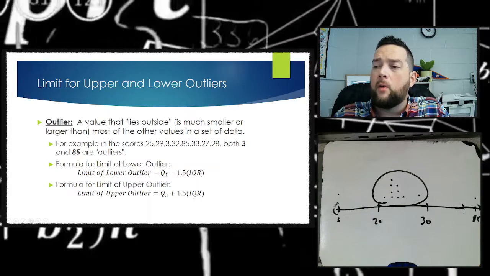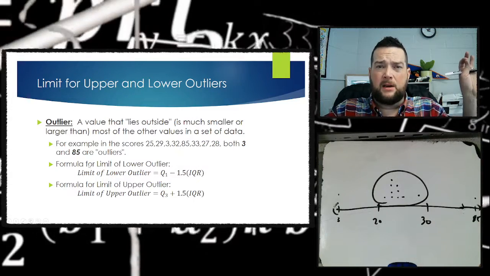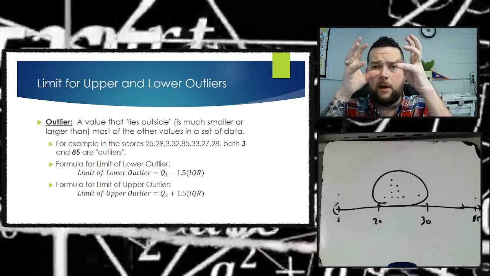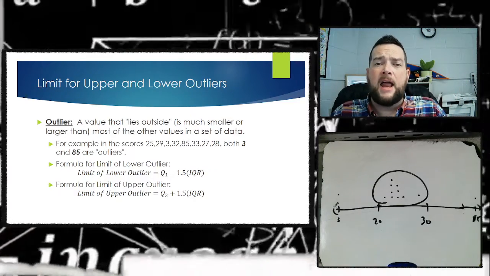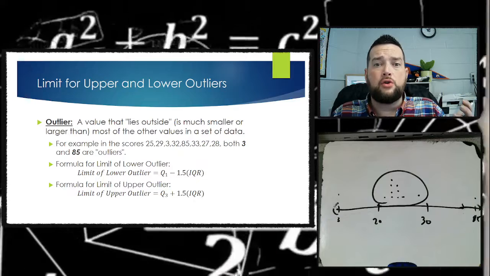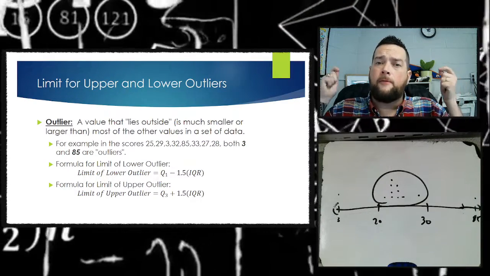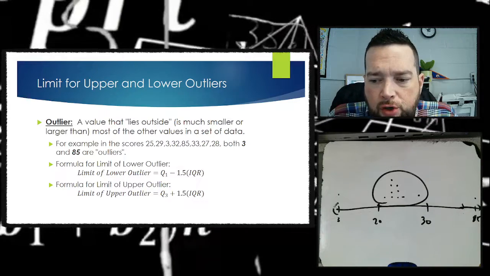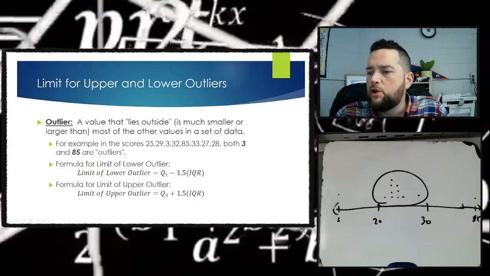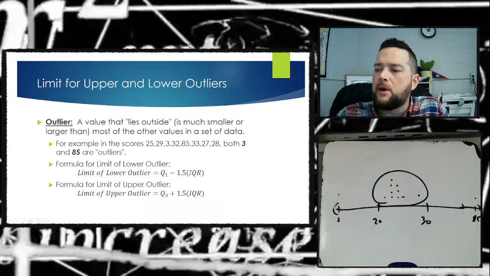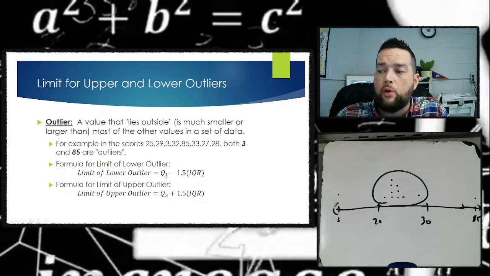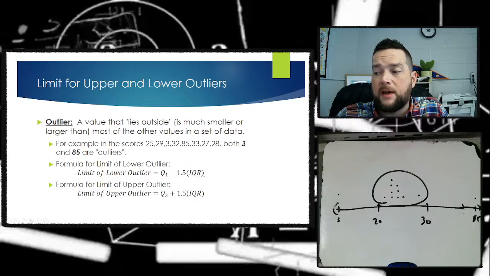We understand outliers are data points that are far away from the concentration of data, and now we're going to use these formulas to determine for sure whether these are outliers or not. The formula for the limit of the lower outlier is Q1 minus 1.5 times IQR.